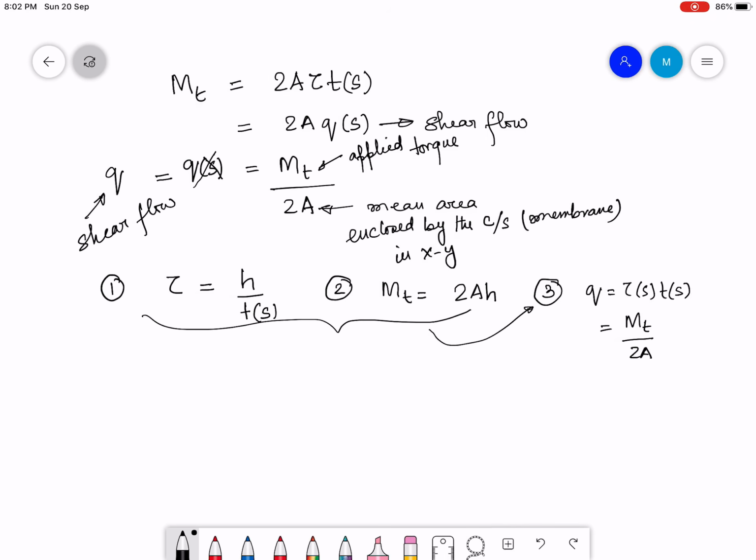Now we need another criterion. See, nowhere has your angle of twist been equated to the applied torque or the shear stress. So there must be another criterion, which is given by something called the Bredt-Batho theorem.